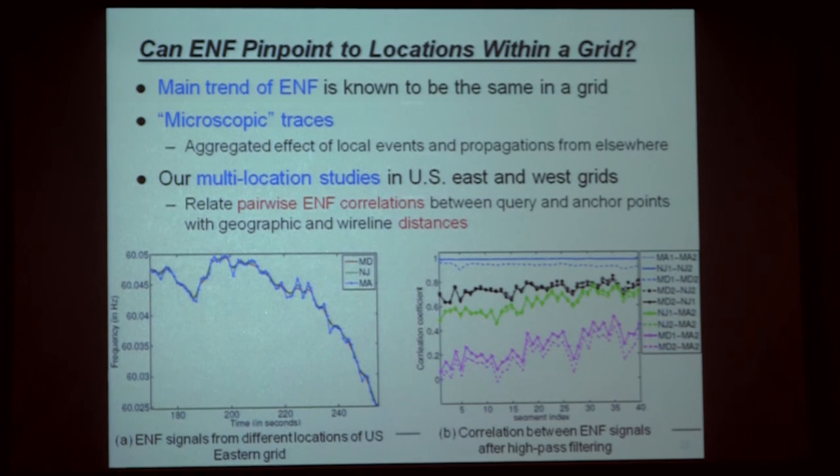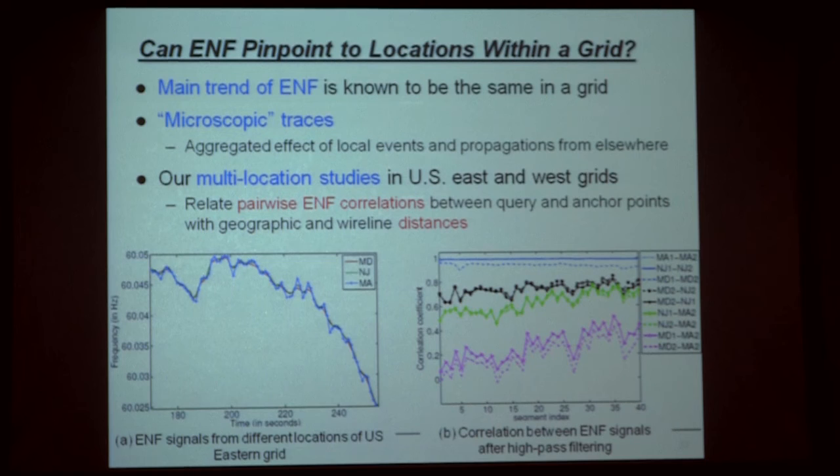So what we found was that those microscopic traces can be an aggregate effect of little local distortions affecting individual locations. The farther apart they are, when we look at a particular time instance, the lower their similarity. That is how we are able to relate the ENF similarity in the detailed trends with distance.